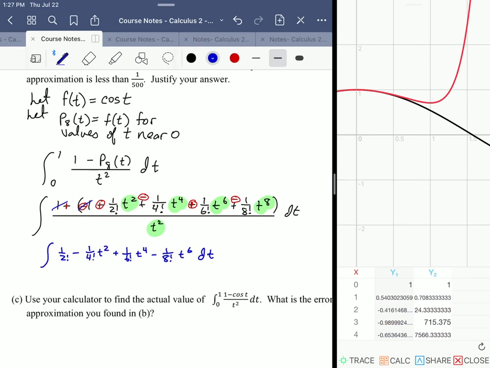The process of integration is going to introduce a new variable t for each one, so we're looking at increase the exponent by 1, you know the deal.